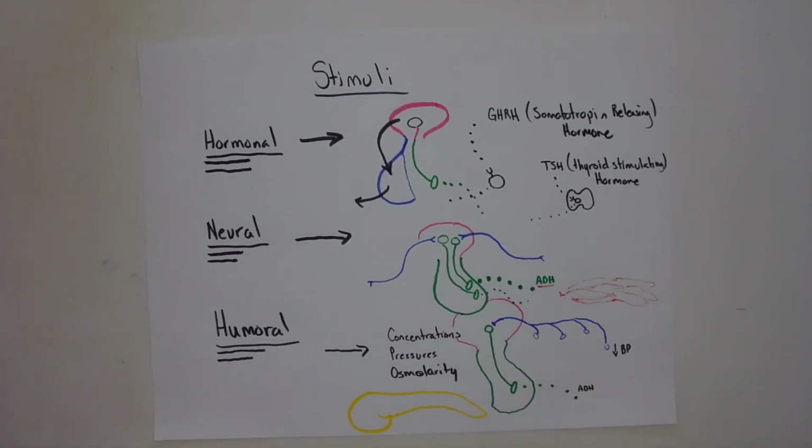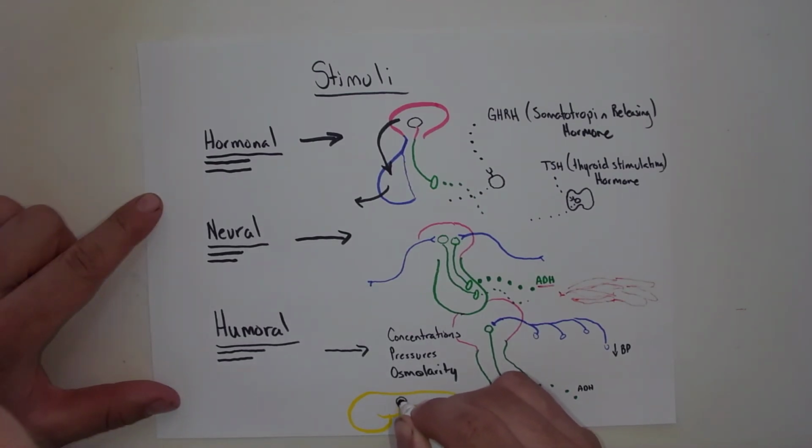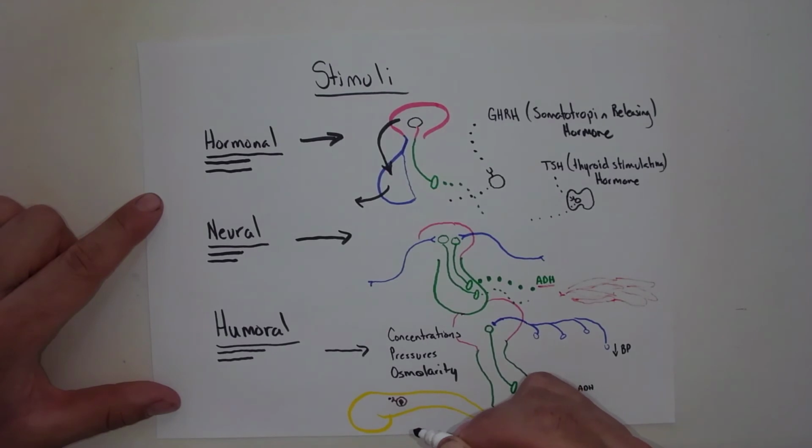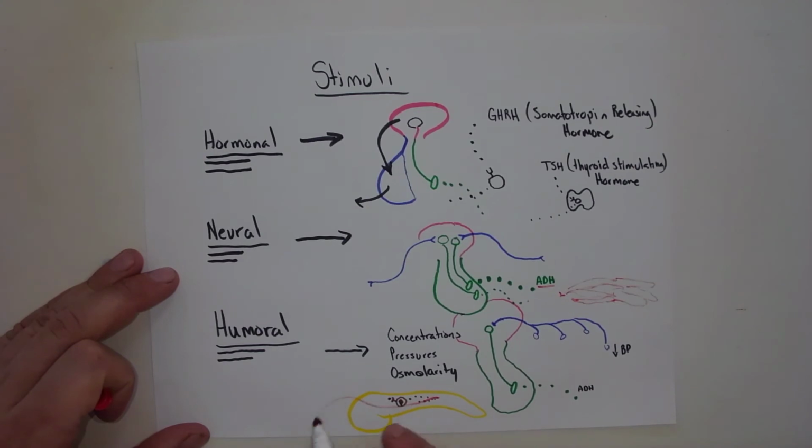Now, these pancreatic islet cells, these beta cells, can sense glucose concentrations and release their insulin to be taken up by the bloodstream.